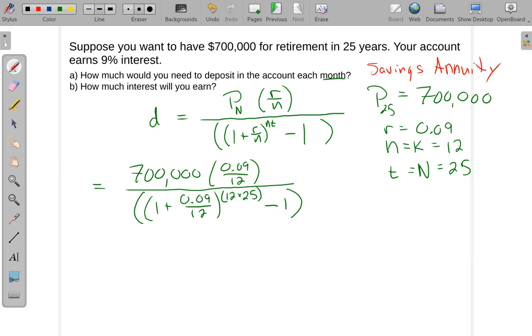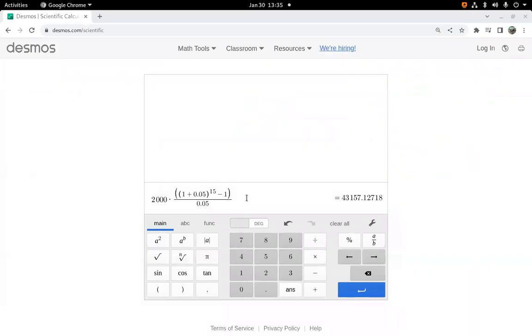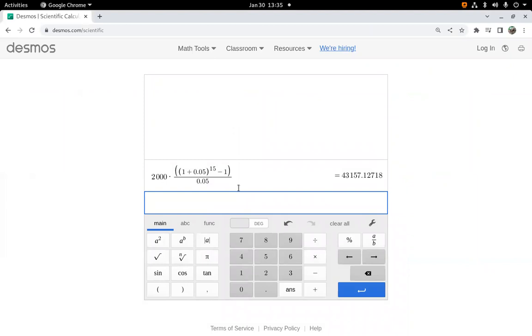So I think it's a good idea to see the formula, enter your values, then try it on your calculator. And because we have a multiple of the payment or the future value, that doesn't have to be in the numerator.